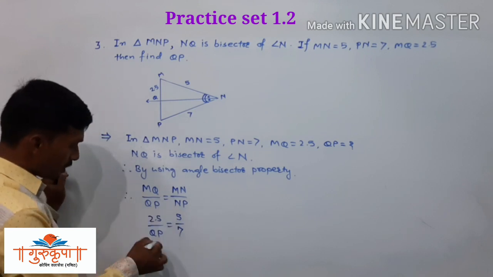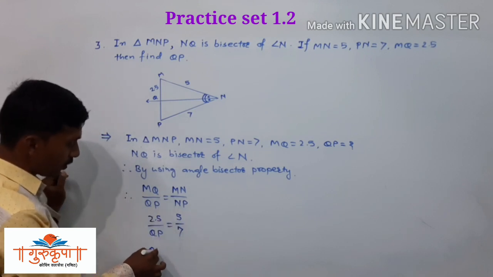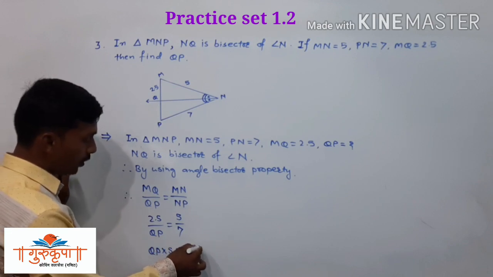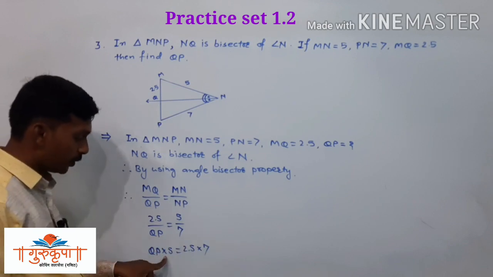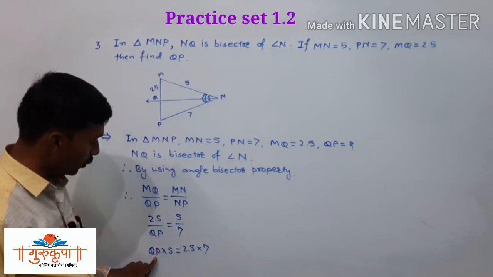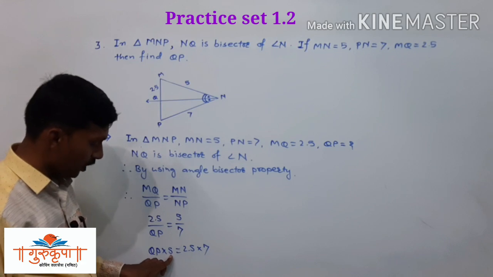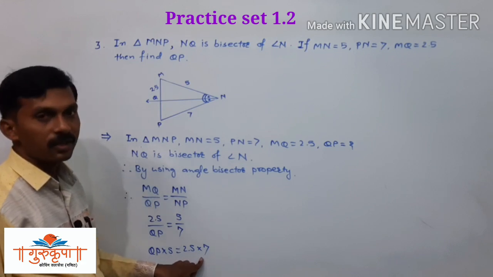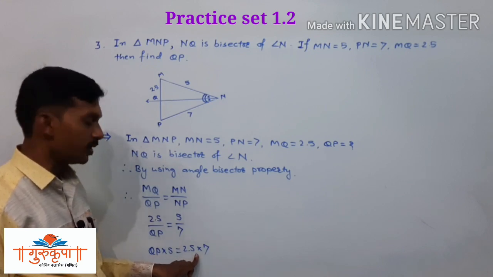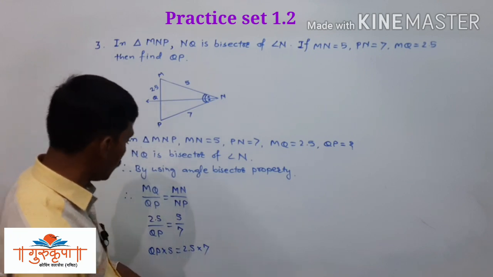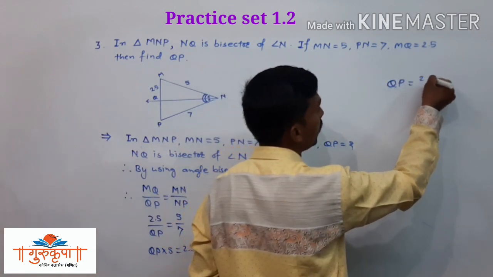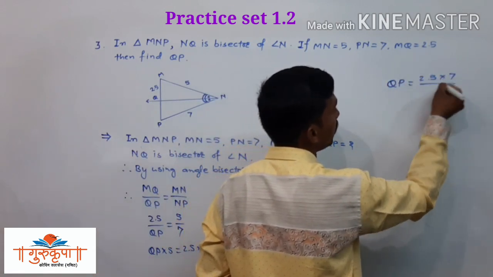Now we will take the cross multiplication, so we will get QP into 5 is equal to 2.5 into 7. Since we have to find QP, we will transfer this 5 to the right side. Since it is in the product, it will go into the division. So we will get QP is equal to 2.5 multiplied by 7 divided by 5.